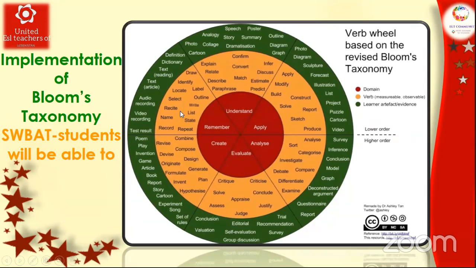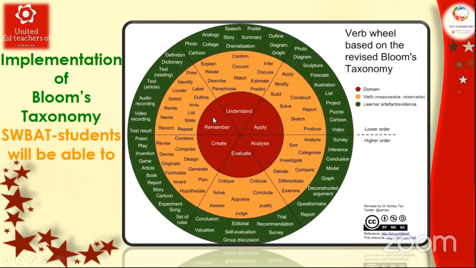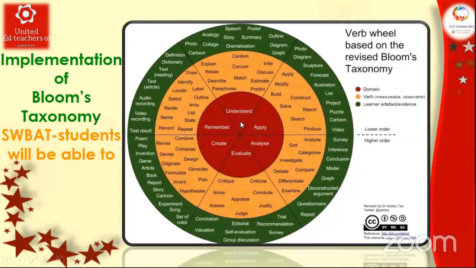Actually understanding. Yes. They will be able to understand the new lesson, new topic. Do we have understand here from the verb? No, we have domain understand. But you should choose the verb from here. Able to describe. From understand domain. Which one are you? Explain.